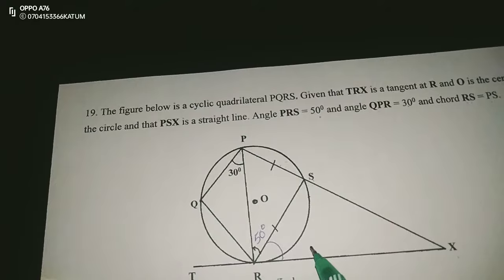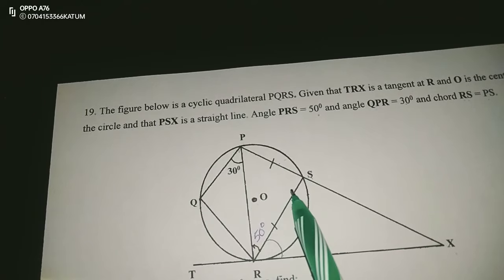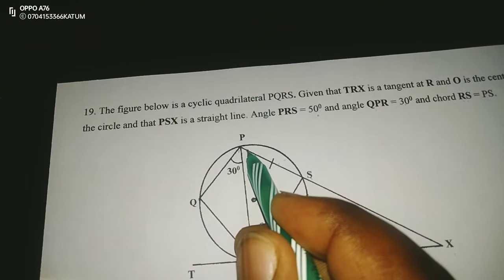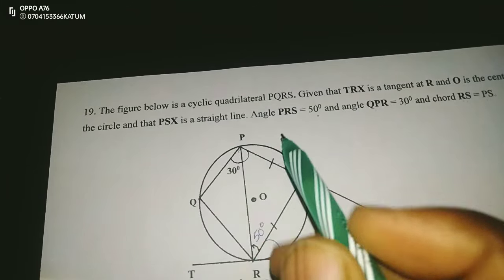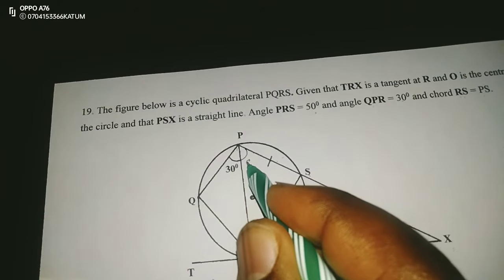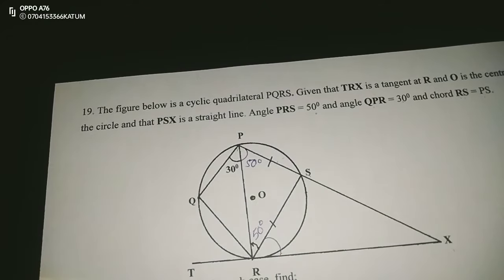It follows that PSR is not a cyclic quadrilateral, but an isosceles triangle. Being an isosceles triangle, the base angles are equal. So this angle and this one are the same. And now that 50 is provided, the other one is also 50 degrees.